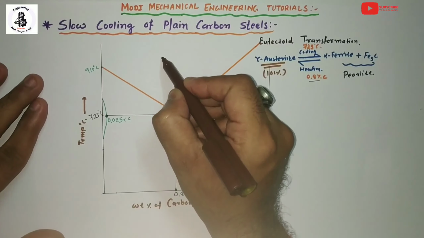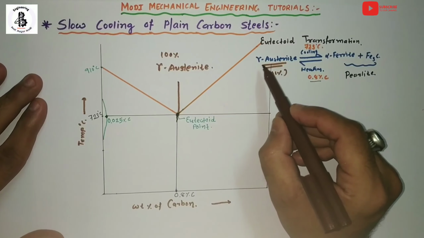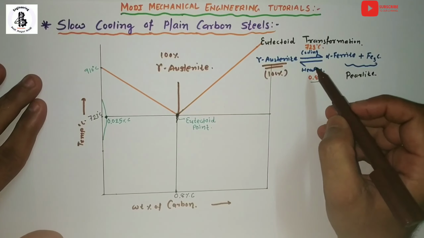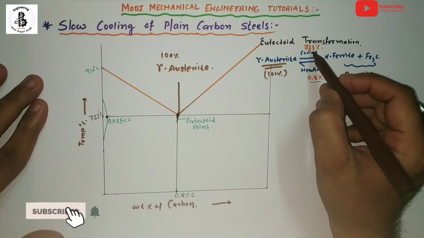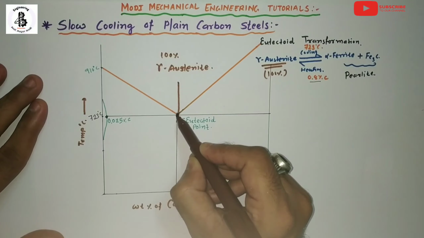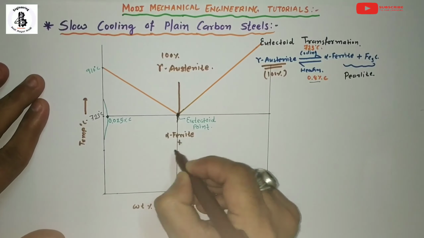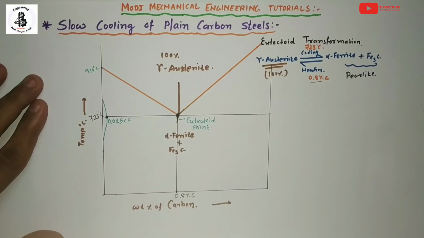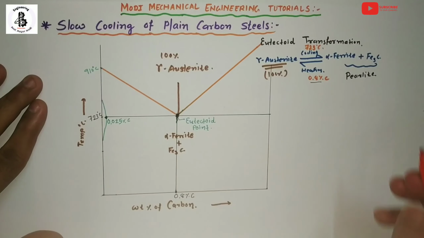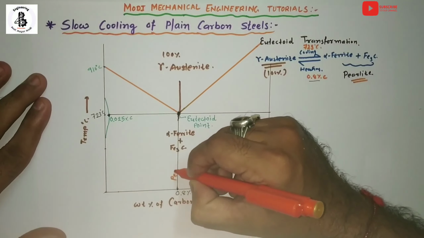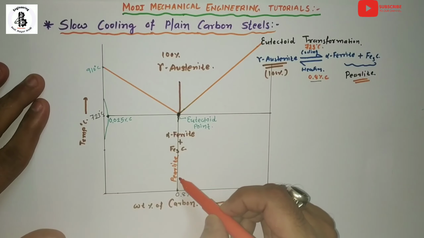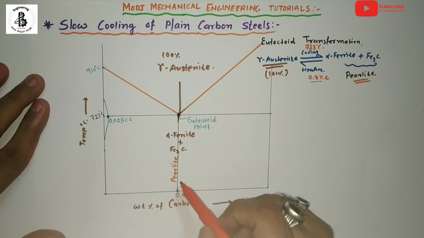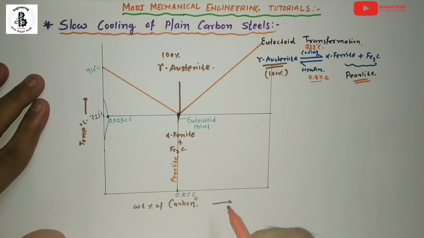This 100% austenite transforms into alpha ferrite plus cementite at 0.8 and 723, the composition intersecting with the temperature line. It forms alpha ferrite plus cementite, which is known as pearlite. The proper mixture of alpha ferrite plus cementite is known as pearlite. Pearlite is only found at 0.8% carbon.